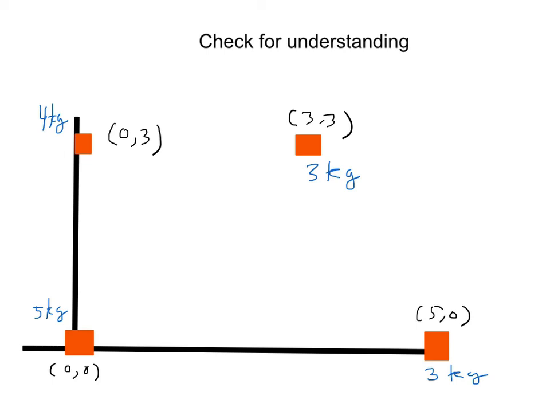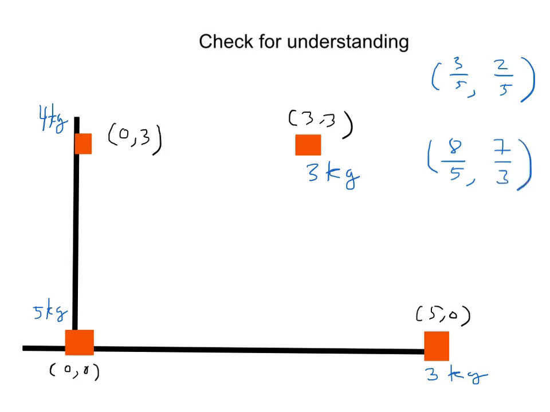And here are your options. The first option is that the center of mass is at the point 3/5, 2/5. The next option is the point 8/5, 7/3.